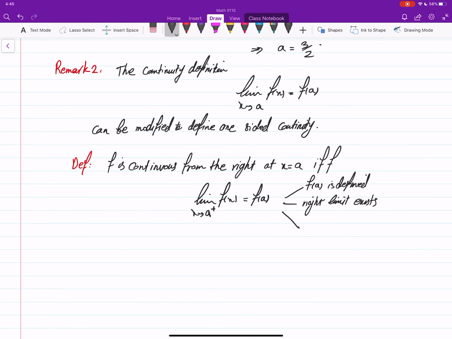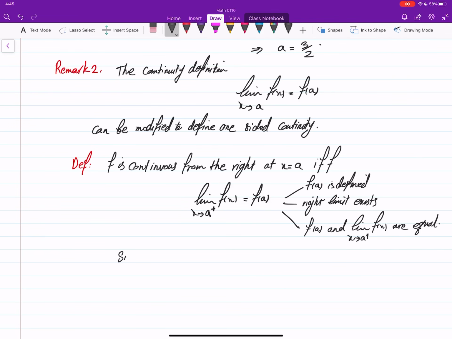We are just forcing that f of a and the limit as x goes to a plus are equal. That's what it means to be continuous from the right.